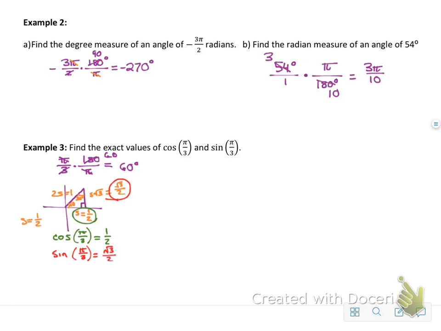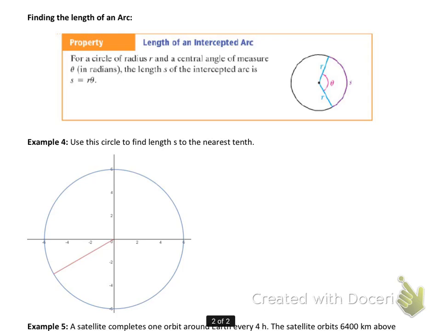Now, dealing with length of an intercepted arc. For any circle of radius r and a central angle of measure theta, we're going to call our angles theta, the Greek symbol for an angle. The length s of the intercepted arc is s equals r times theta, where r is your radius. We're going to use this idea to find the length s to the nearest tenth.